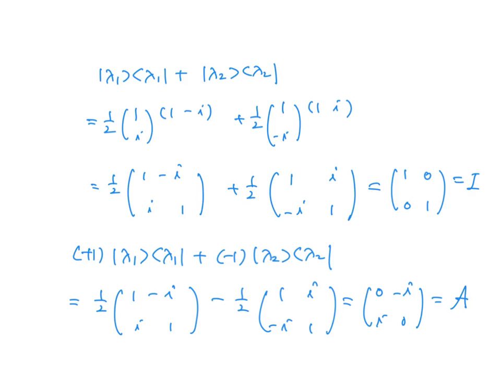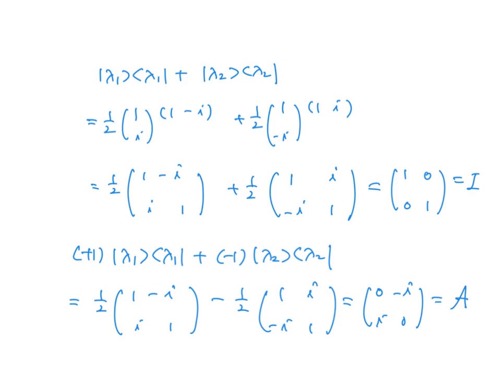So for a given symmetric or Hermitian matrix, we can choose a set of orthonormal bases and also alpha numbers, such that they satisfy both completeness and, secondly, the spectral theorem.